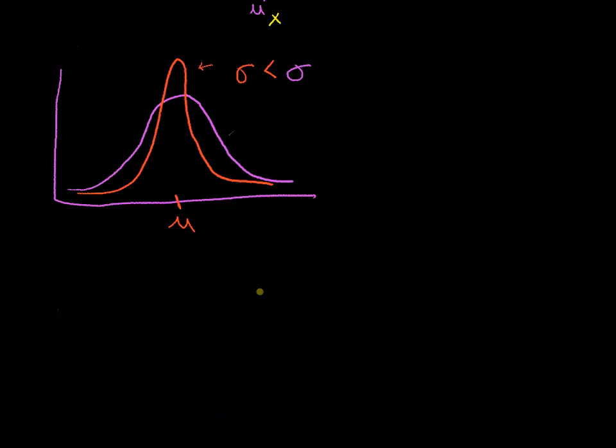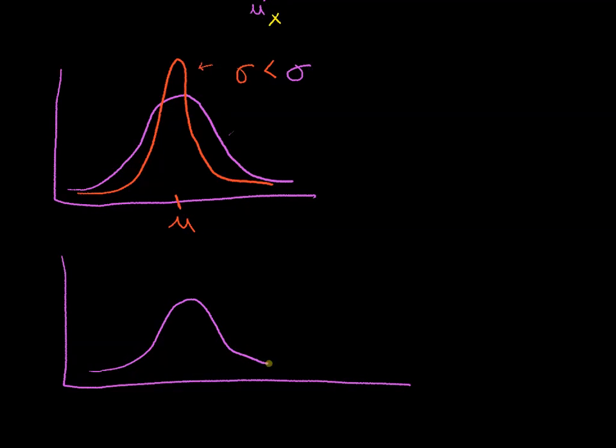All right, let's do another example. Say you have two curves that look like this. Say the first curve looks like this, and the next, I'm going to use green this time, looks like this. These two curves have different means. Here's the mean of this green curve.